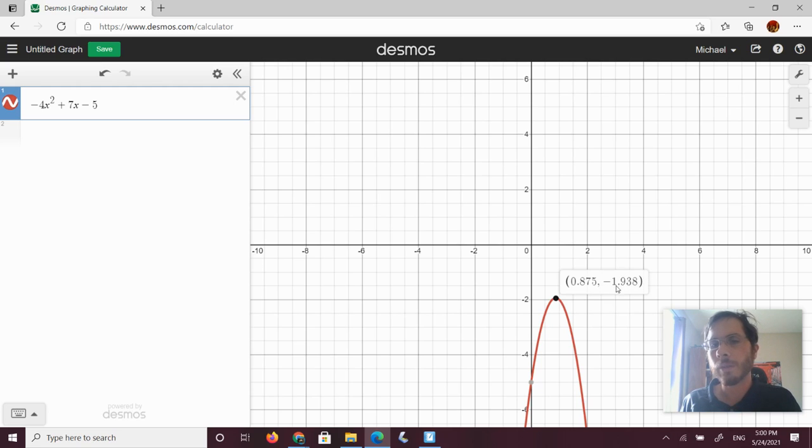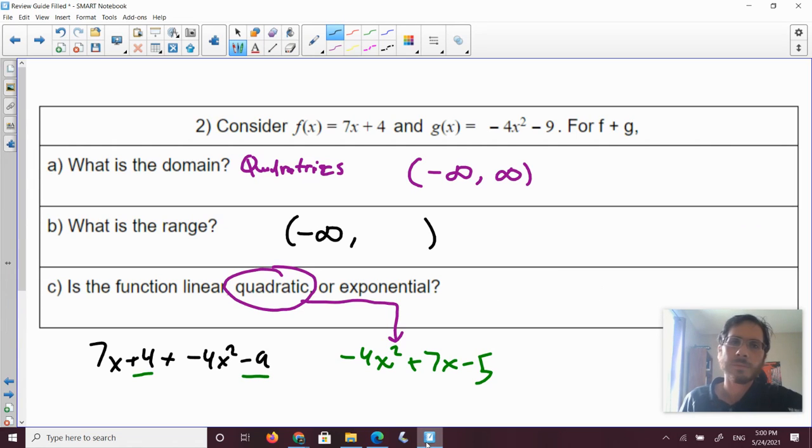We get this negative 1.938, as the top of the parabola, and that's our range. So we're going to go from negative infinity all the way up to negative 1.938, then we're going to go back down. That's what my range is going to be.